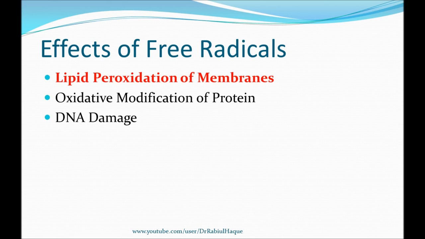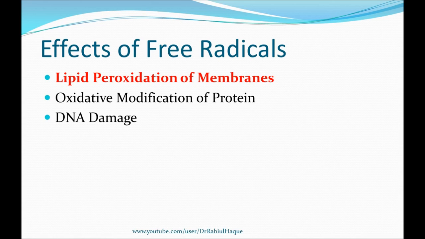Now always remember, the cell membrane as well as the membranes of different organelles inside our cells contain lipid, and inside the lipid we have fatty acid. Now what happens here is the free radicals target the double bonds of the unsaturated fatty acid, and particularly the hydroxyl radical is mainly involved in lipid peroxidation, and it will attack the double bond in the unsaturated fatty acid. And what will be the end result of that?